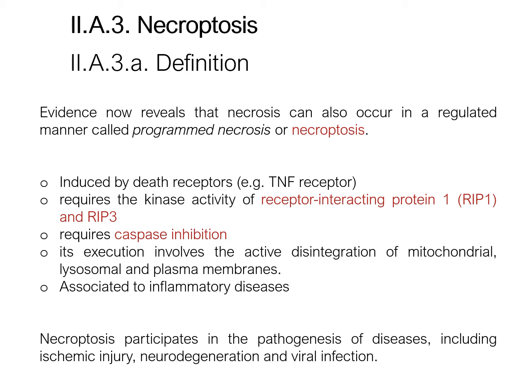Its execution involves the active disintegration of mitochondrial, lysosomal, and plasma membranes, and it's highly associated to inflammatory diseases. So, necroptosis participates in the pathogenesis of diseases, including ischemic injury, neurodegeneration, and also viral infection.